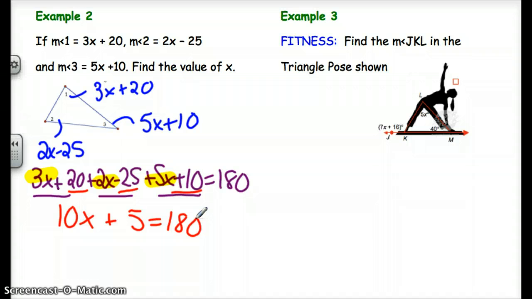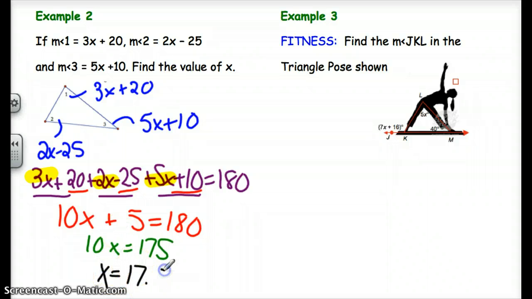Moving my 5 to the other side, 10x equals 175, and then I'm dividing by 10 to get 17.5. Okay, now I'm asked to find the value of x, so I am boxing that in. I went up and double checked to see that that's what it's asking for.